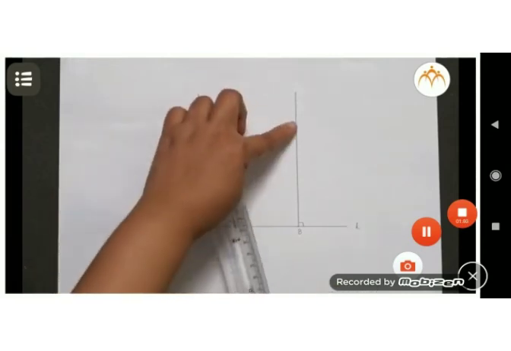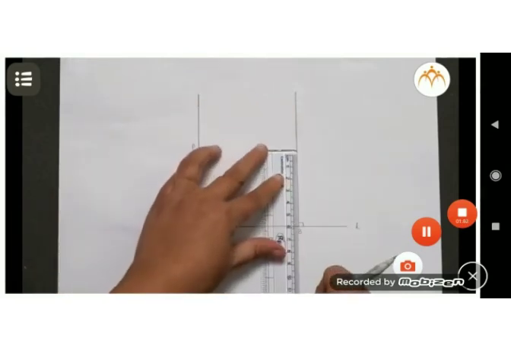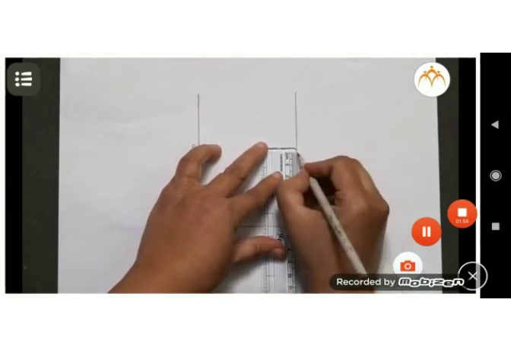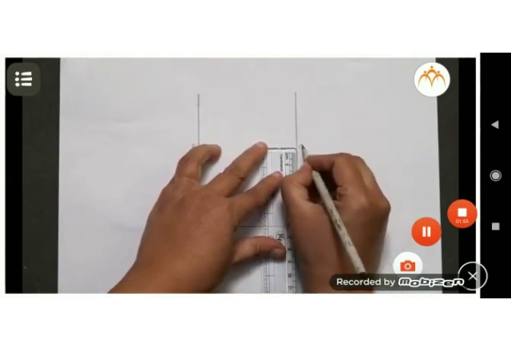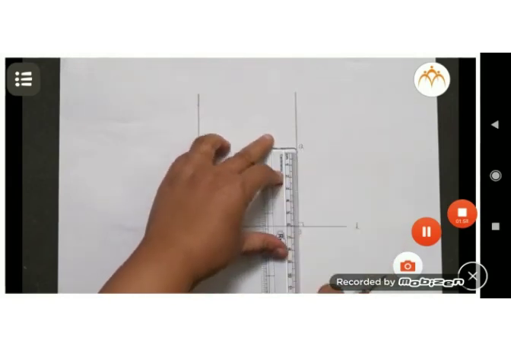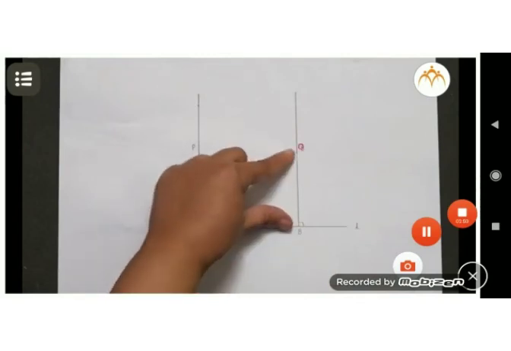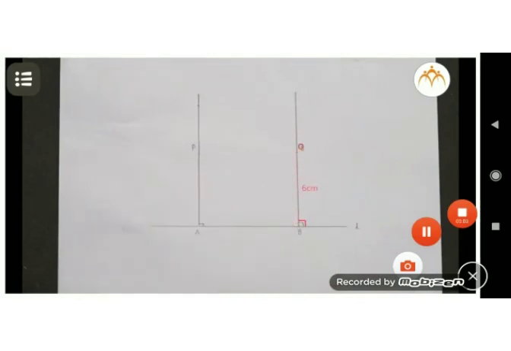On this perpendicular line, we mark a point Q at a distance of 6 centimeters from point B, such that QB is equal to 6 centimeters.